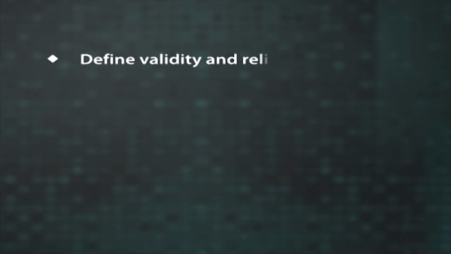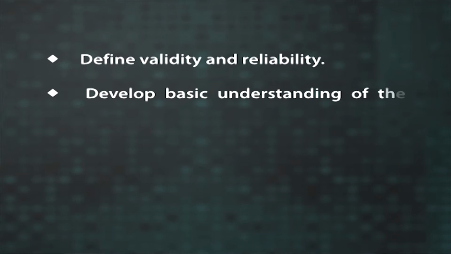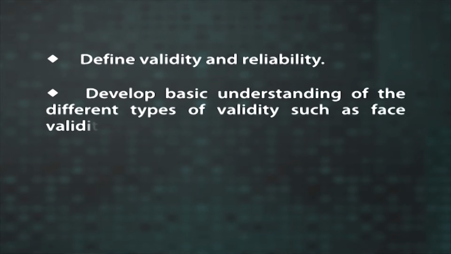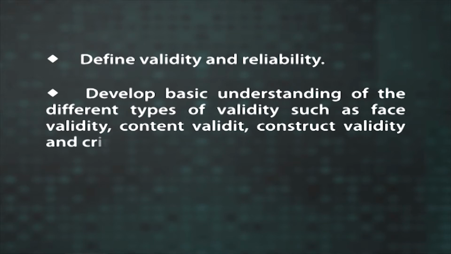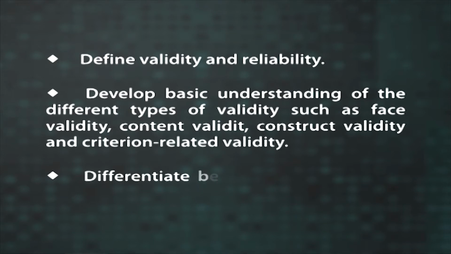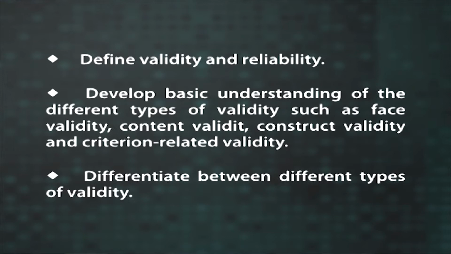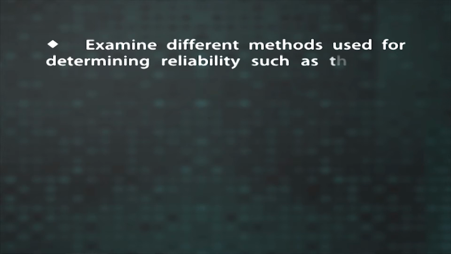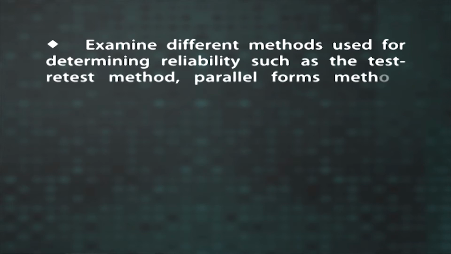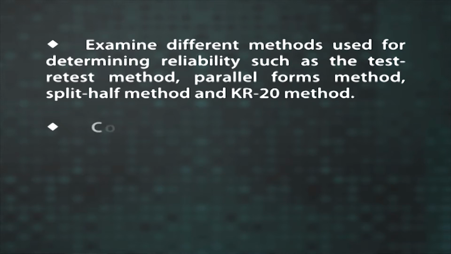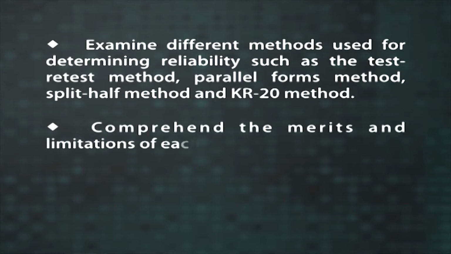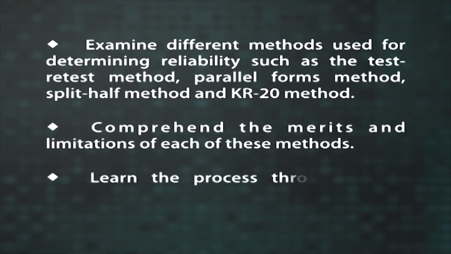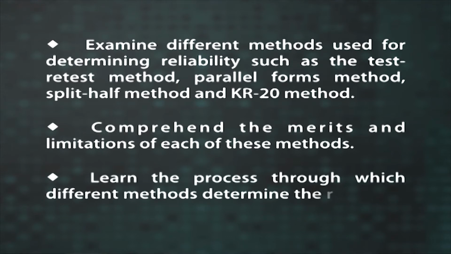By the end of this unit, you will be able to define validity and reliability, develop basic understanding of the different types of validity such as face validity, content validity, construct validity and criterion related validity, differentiate between different types of validity, examine different methods used for determining reliability such as the test retest method, parallel forms method, split half method and KR20 method, comprehend the merits and limitations of each of these methods, and learn the process through which different methods determine the reliability of a test.